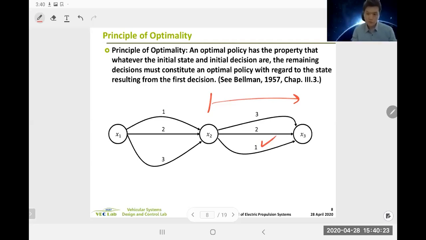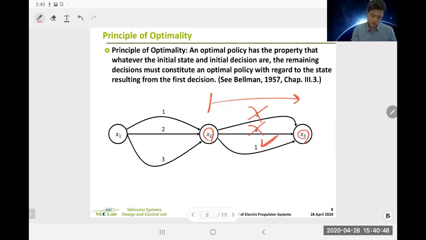And what DP is doing is, once we solve this problem, x2 to x3, we don't have to solve it again. We don't have to care about this. Just evaluate once and that's it.